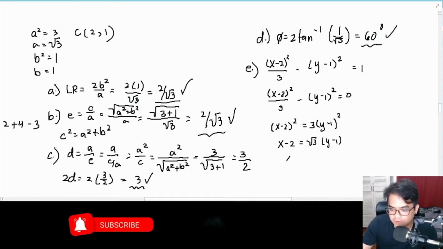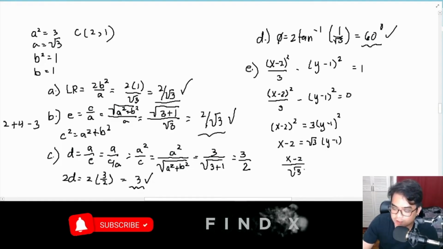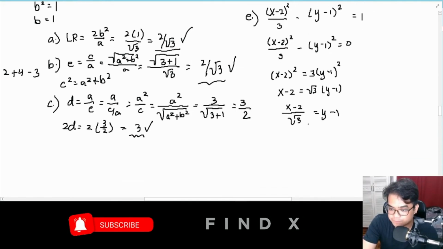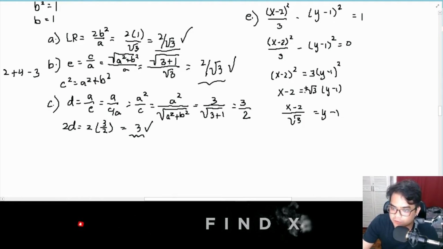Okay? So you'll have here x minus 2 all over square root of 3, right? Equal to y minus 1. And actually, when we square root, you have to put here plus or minus, right?